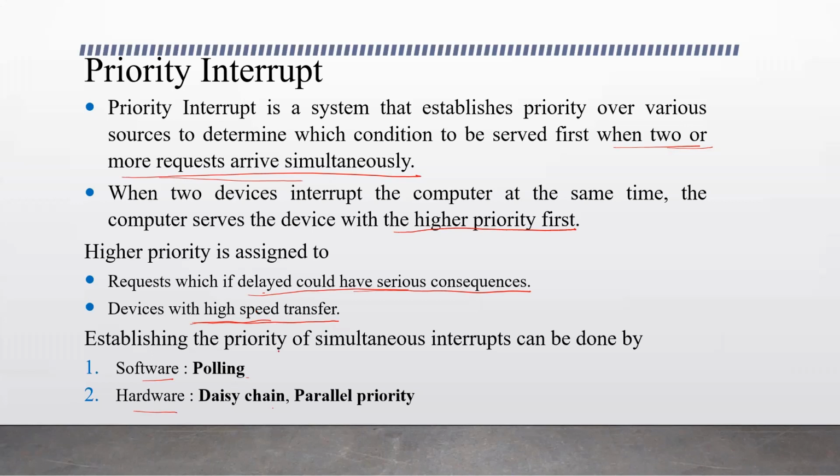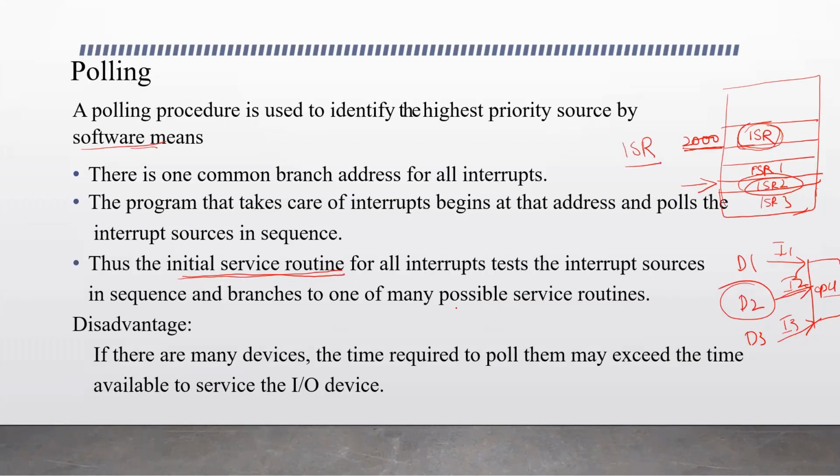For establishing this priority over many devices that initiate interrupts simultaneously, it can be done by software or hardware. The method that uses software to establish priority of simultaneous interrupts is polling. So polling is choosing among many devices which particular device is to be served first.